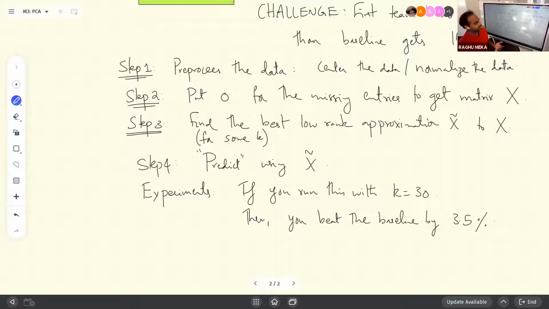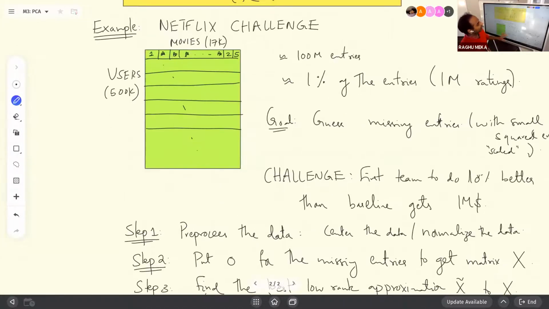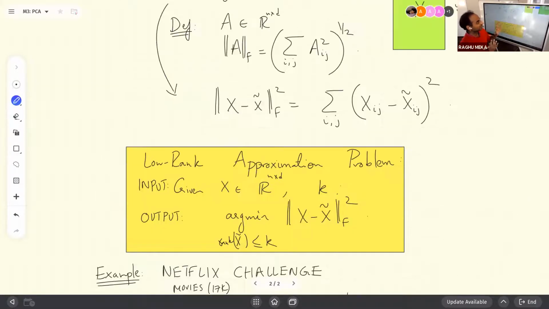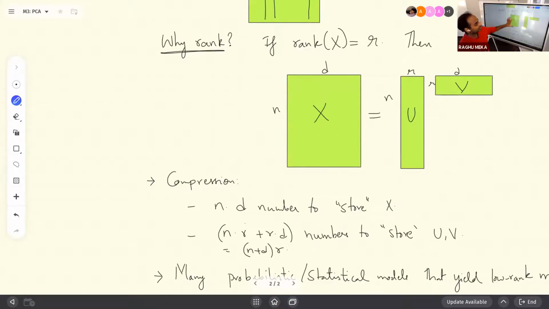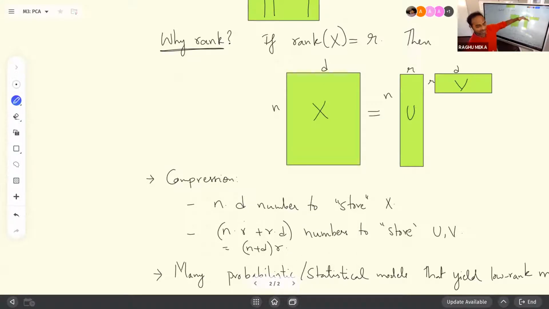What people eventually did to beat the 10% builds on this low rank approximation approach. Right? So you try and find more complicated but succinct representations of the missing entries. Low rank means U times V, right? Where U has only R elements in each row.